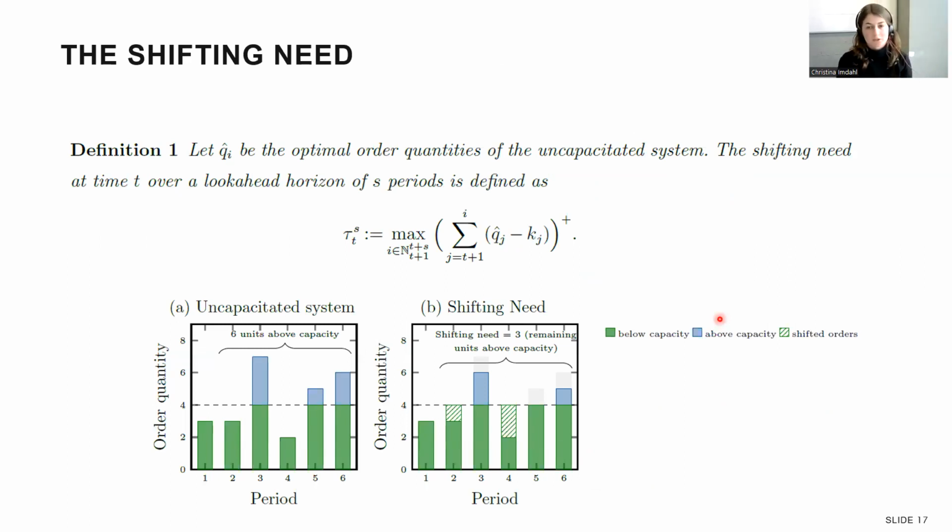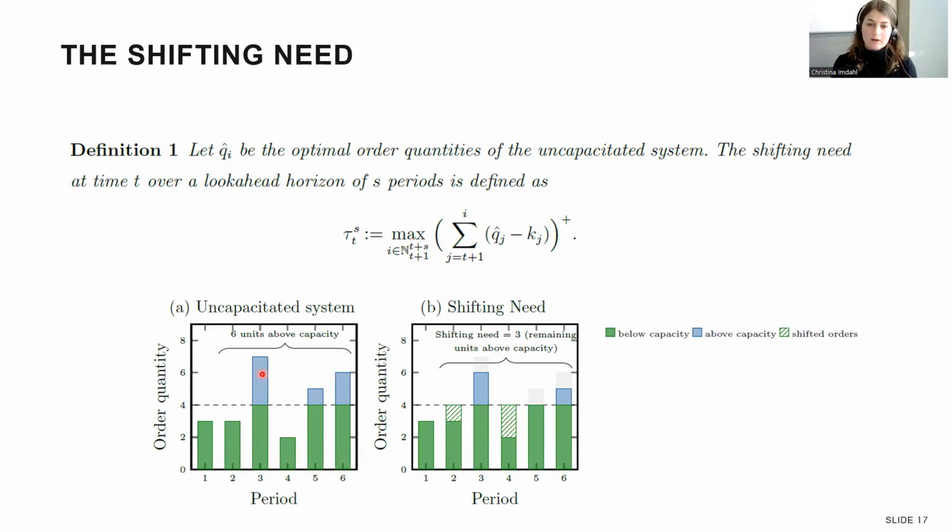So let's formalize these concepts. The shifting need at time t over a certain horizon S is defined as the maximum sum of all the future capacity slacks until these periods. So it's maybe easier to show that with an example. Assume we have these order quantities in the uncapacitated system, and we can see that we have in this period 3 units above the capacity, in this period 1 unit above the capacity, and in this period 2 units above the capacity.